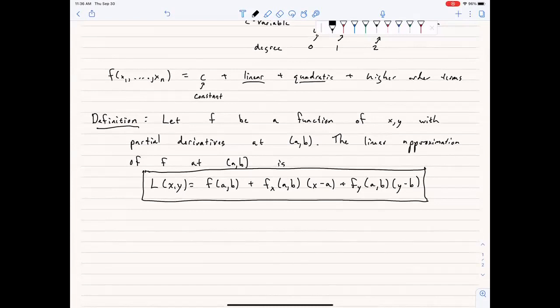What you could think of is, let's say I want to estimate my function f near my point (a, b). Well, the most naive estimate that you can do is you can say, well, it's just f of that point that I'm near to.